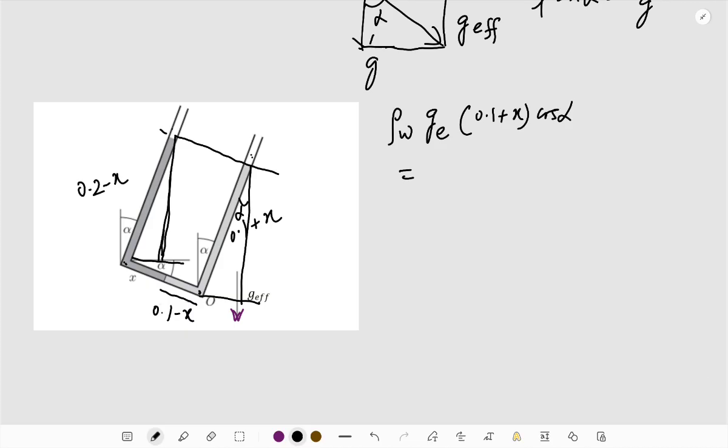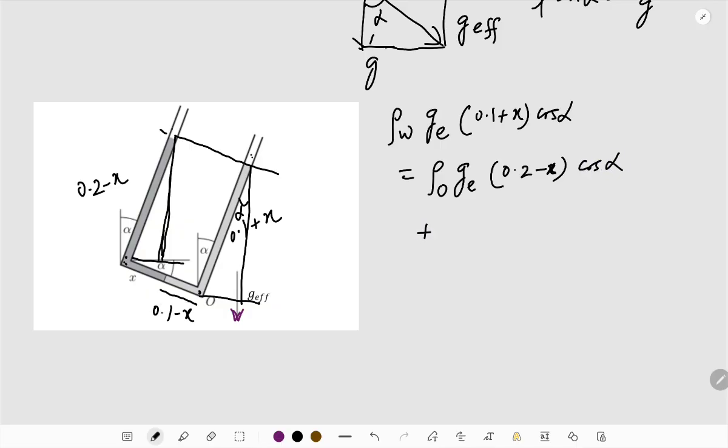So if the density of the oil is something rho O, then I would like to write the pressure at this place, comparing from here, rho O GE times 0.2 minus x, that is the length, multiplied by cos alpha.